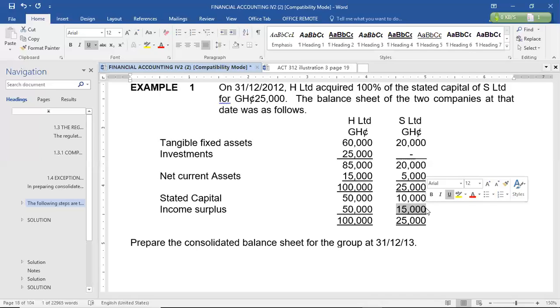Now, let me put this scenario so that you understand why the person is not paying for the assets and liabilities, but rather paying for the equity and capital.